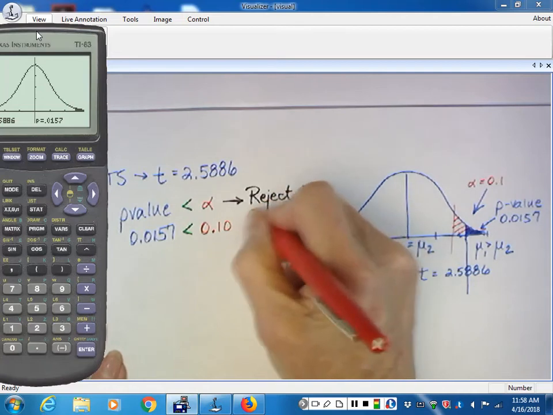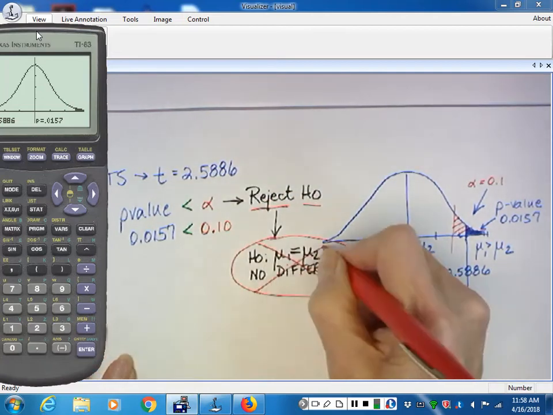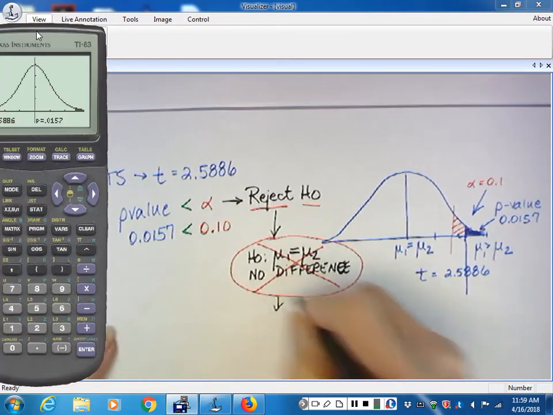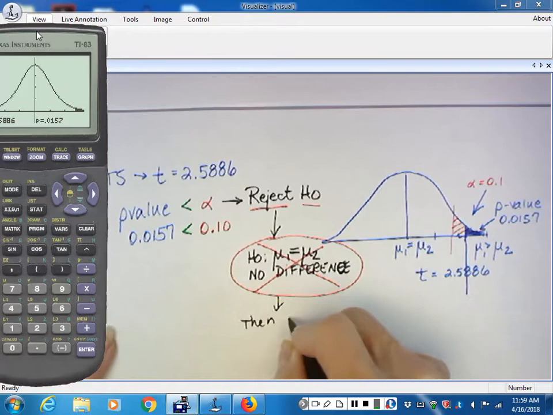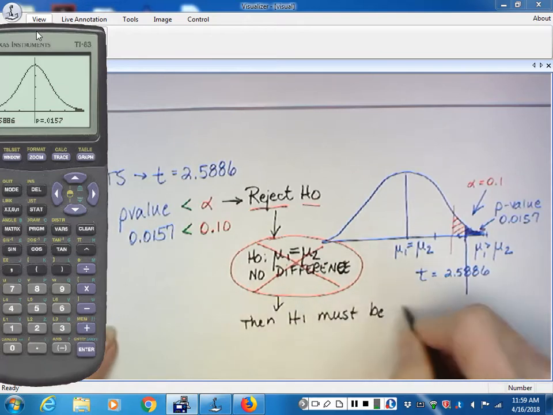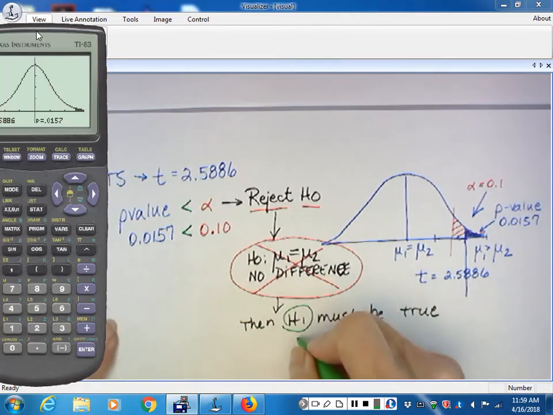So we are going to reject H0, which means we are saying that's not true. And if that's not true, then H1 must be true. So then what is actually true is the claim, because H1 is the claim.